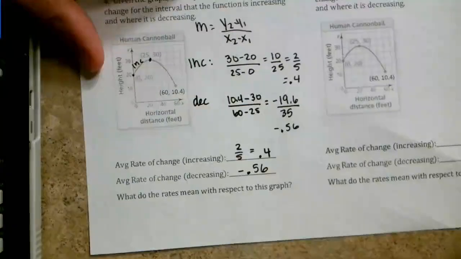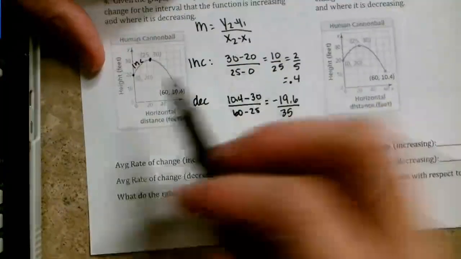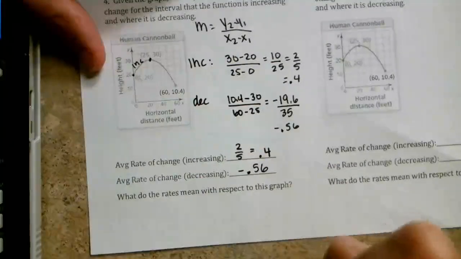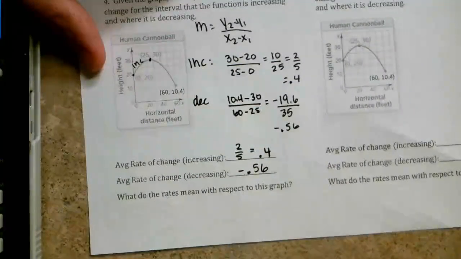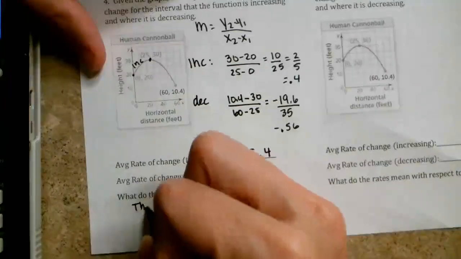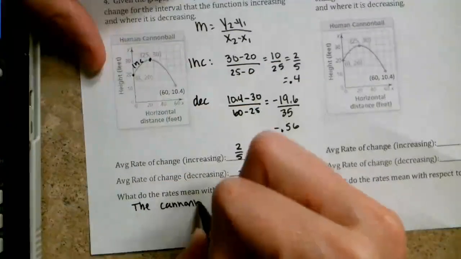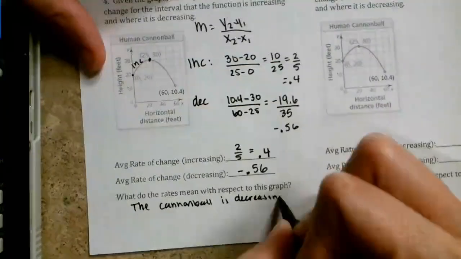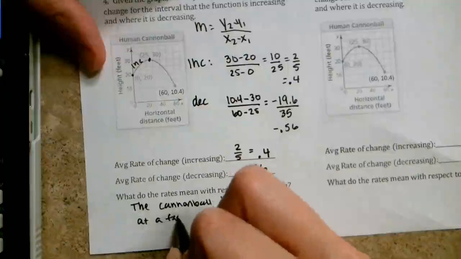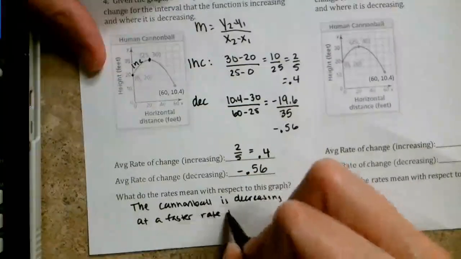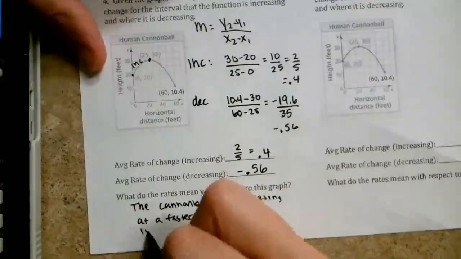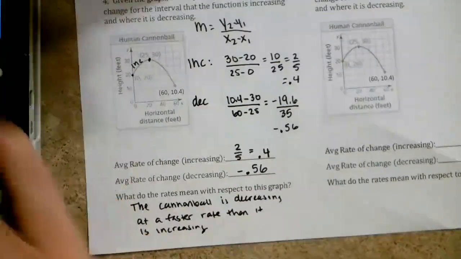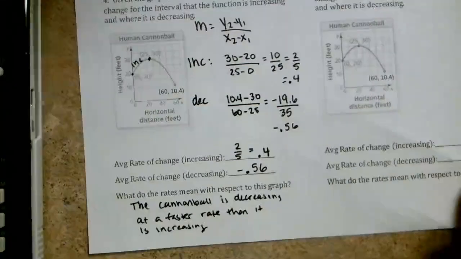It means that this human cannonball is decreasing at a faster rate than he's increasing. So we would say the cannonball is decreasing at a faster rate than it is increasing. Okay, that is it.